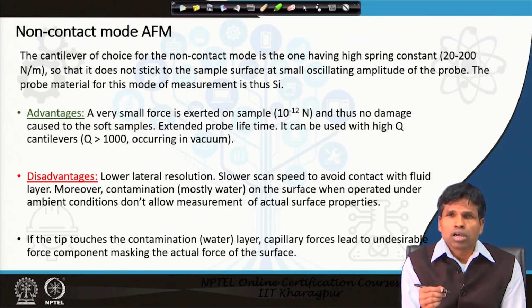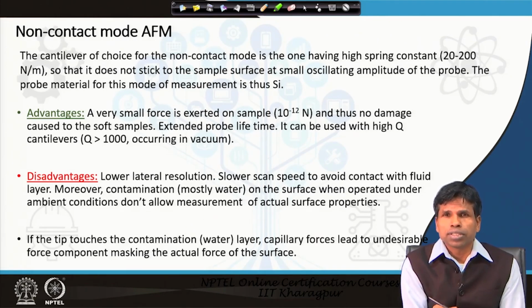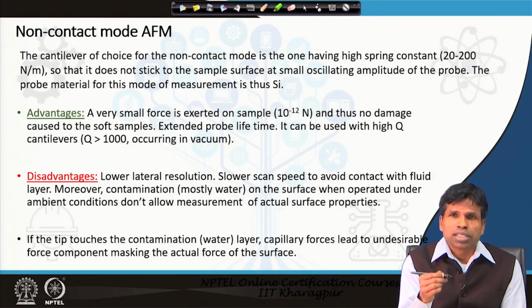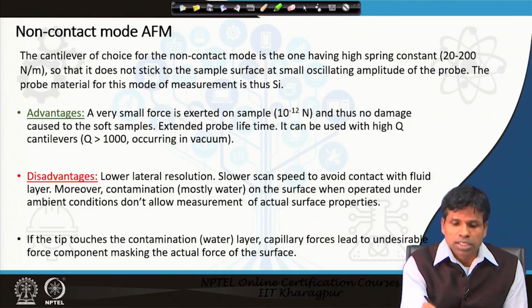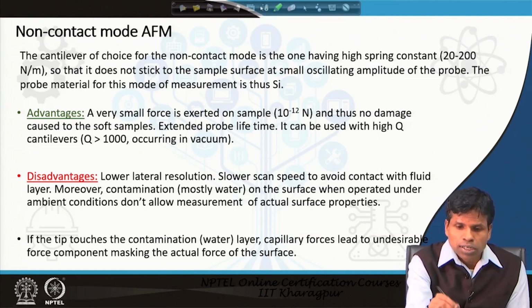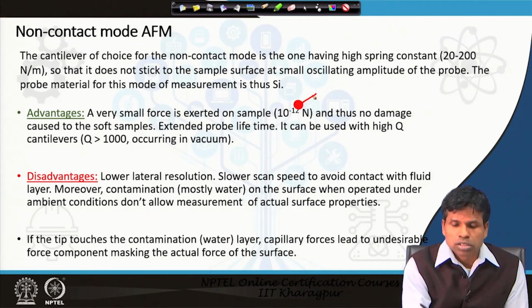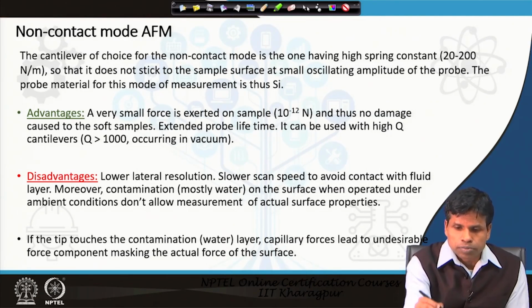In the contact mode, the probe directly comes in touch with the sample surface, therefore the force will be higher. On the other hand, as here the tip is much away from the sample surface, the force exerted on the sample surface is very small, in the range of around 10 to the power minus 12 Newton, a very small force.